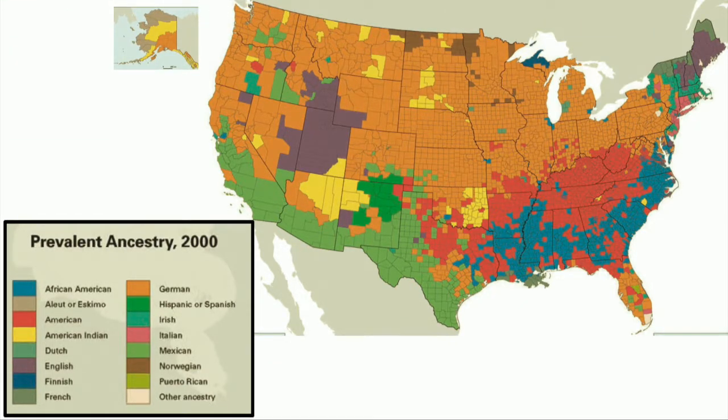The third big observation is the concentration of where African American populations are concentrated. Now you will see that they are primarily in the south, and specifically in the southeast, around here.